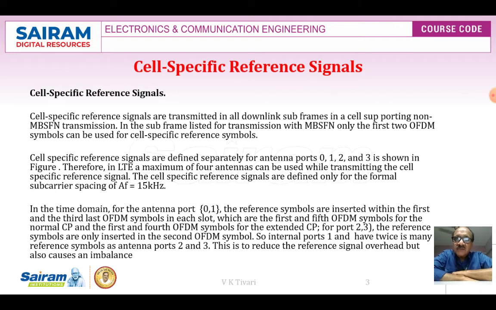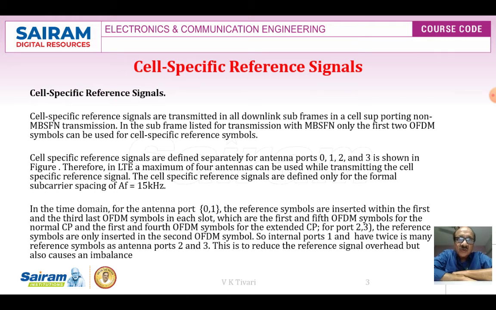In the time domain, for antenna ports 0 and 1, the reference symbols are inserted within the first and the third last OFDM symbols in each slot, which is the first and fifth OFDM symbols for the normal CP, and the first and fourth OFDM symbols for the extended CP. For ports 2 and 3, the reference symbols are only inserted in the second OFDM symbol, so ports 0 and 1 have twice as many reference symbols as antenna ports 2 and 3.